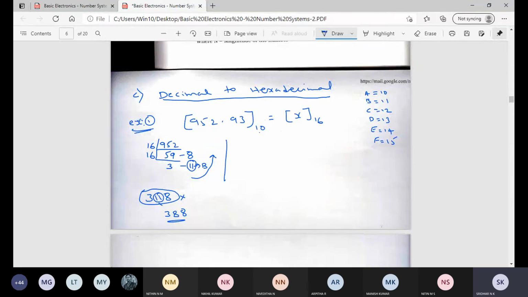Now the fraction part. 0.93 into 16. What will be the answer? 14.88. What is the value of 14?